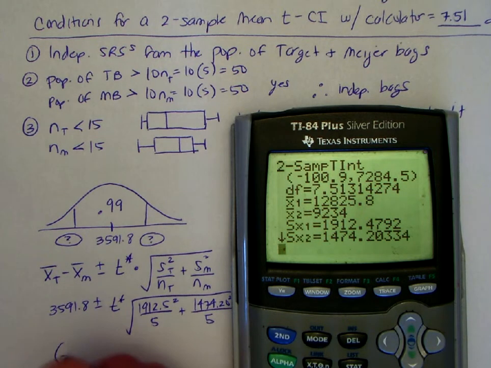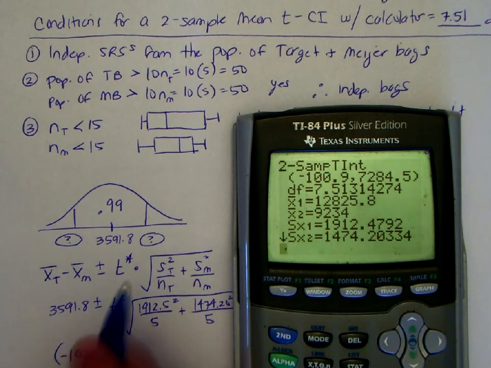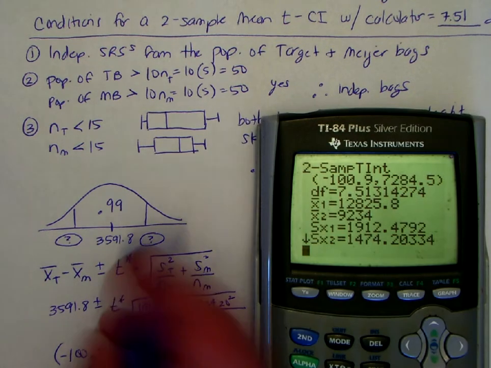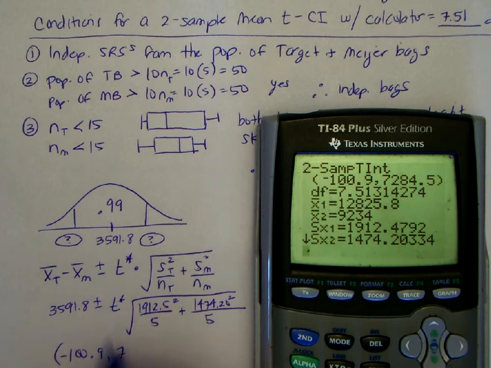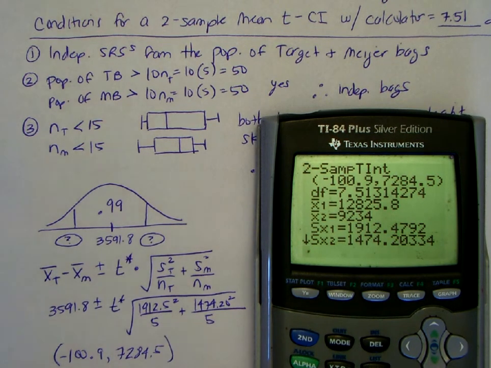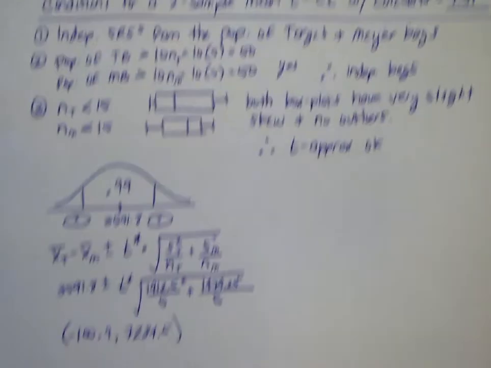So negative 100.9, comma, 7284.5. Wow, it's a big confidence interval. $7,284.5.